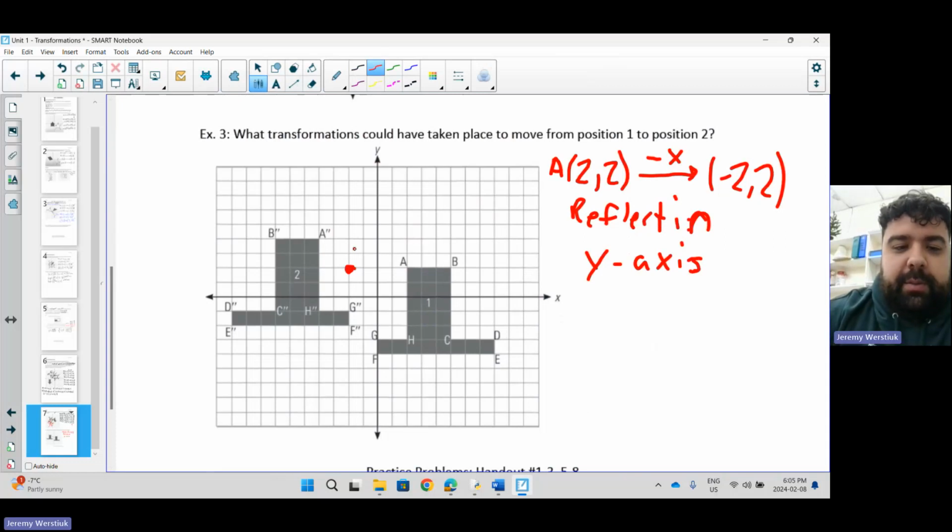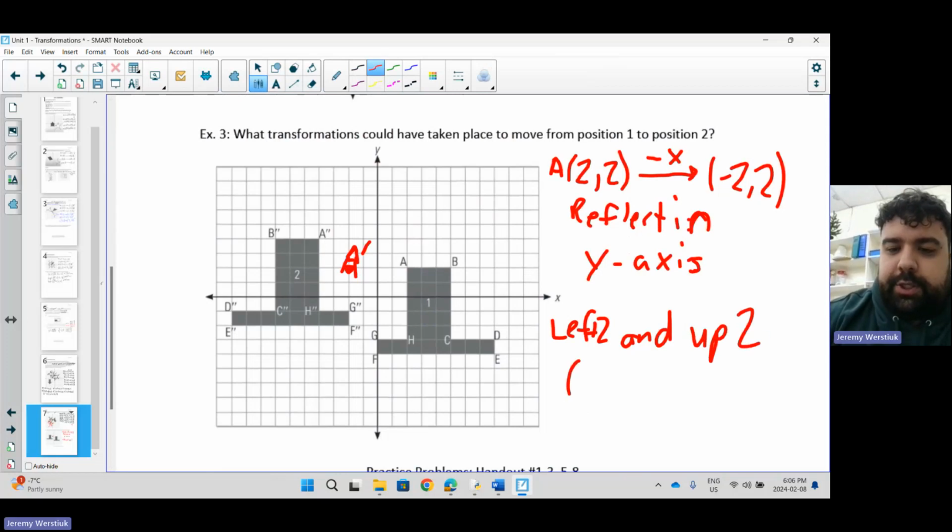Now, how do I get from this red point A prime all the way over to A double prime? Well, it looks like I go left 2, left 2, and up 2. So let's check it here.